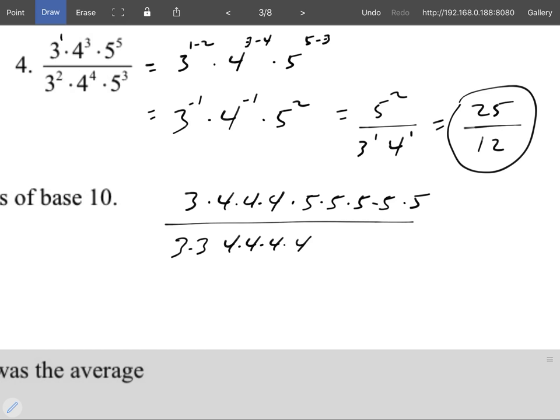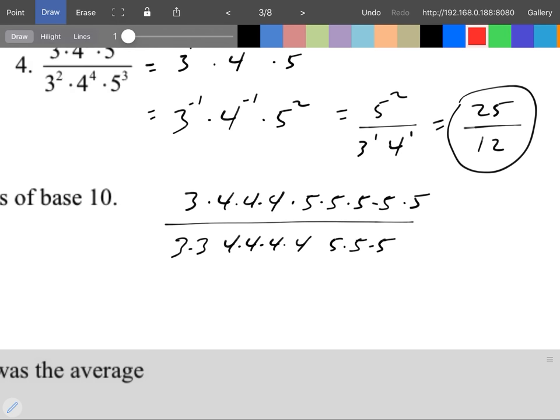And in the denominator, you got 3 times 3, and then 4 times 4 times 4 times 4, and then 5 times 5 times 5. Now, I don't expect you to write it out like that, but that's how you could visualize it in your mind. Then what you could do is you could just start canceling these things.